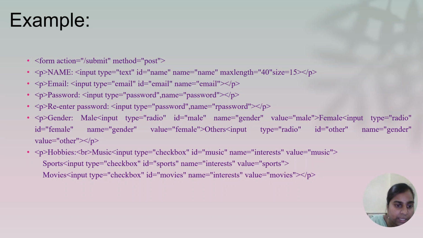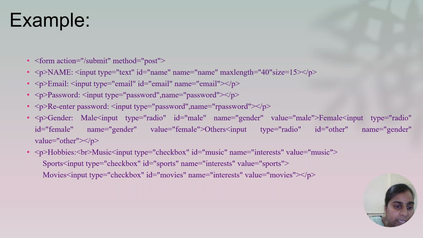Music is one hobby, sports is another hobby, and movies is also another hobby. I just want to select two from these three options. So that's why here I am taking the checkboxes. By using checkboxes I can select more than one element.